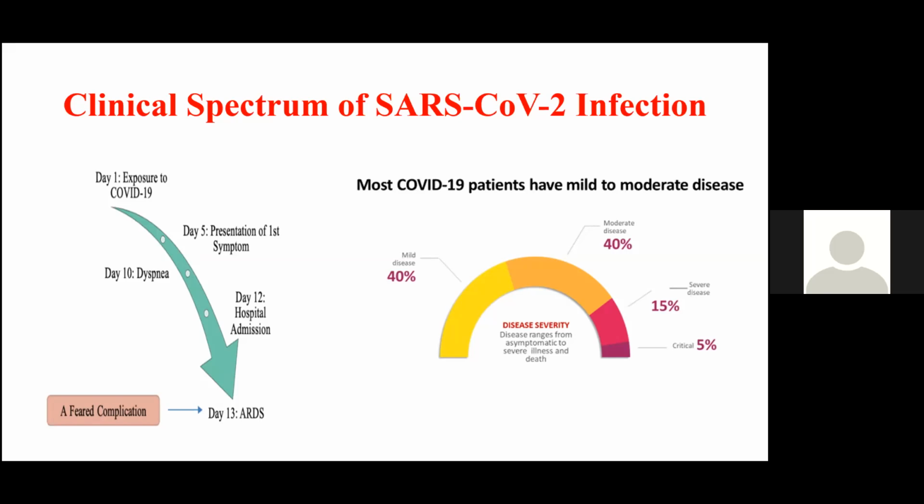As you can see, COVID patients may have mild to moderate disease. It depends. 40% may have mild disease, another 40% may have moderate disease, and among those, 15% may get severe disease, and then 5% may be critically sick patients.